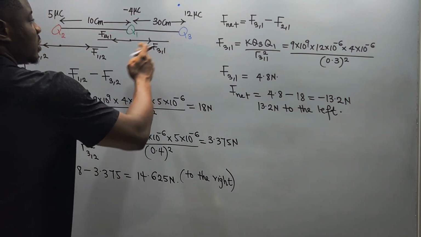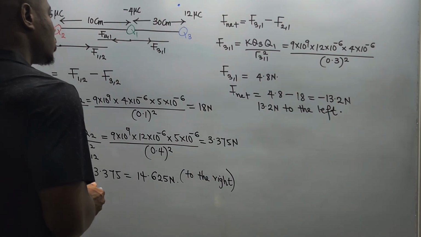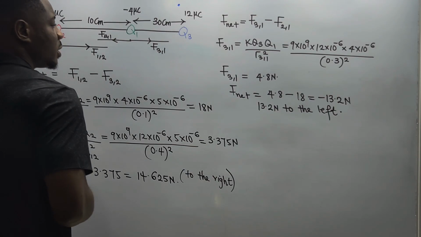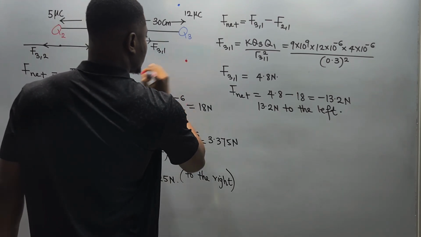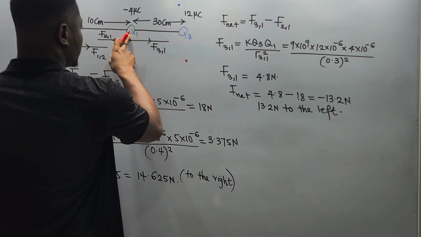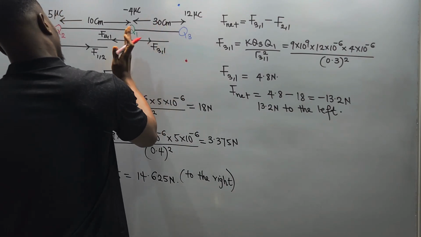The last one is what will be the net force on Q3. Let's do that. When I come down to Q3, the force of Q1 on Q3 would make Q3 attract towards it.